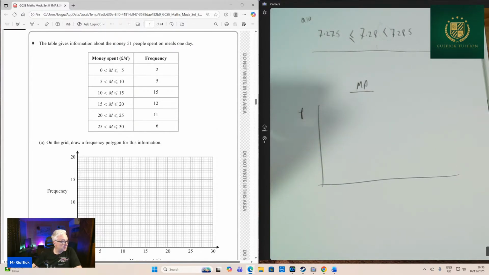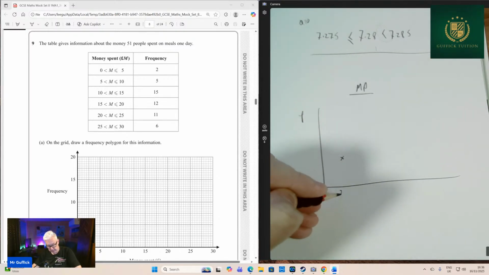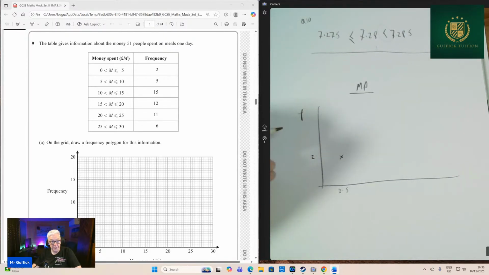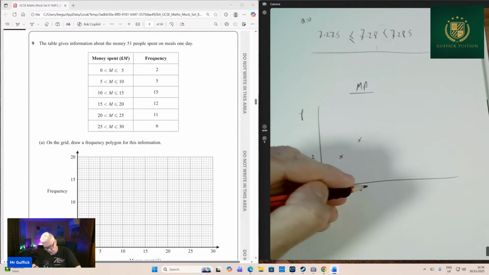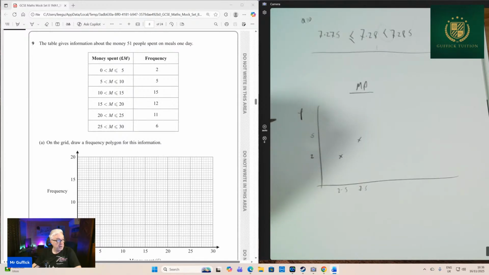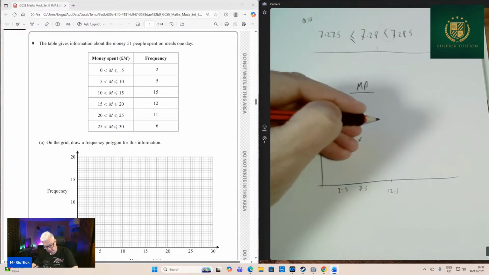So the first point, where is it going to be? The first point is going to be plotted at 2.5 and 2. The next one is going to be at 7.5 and 5. The next one is going to be at 12.5 and 15.